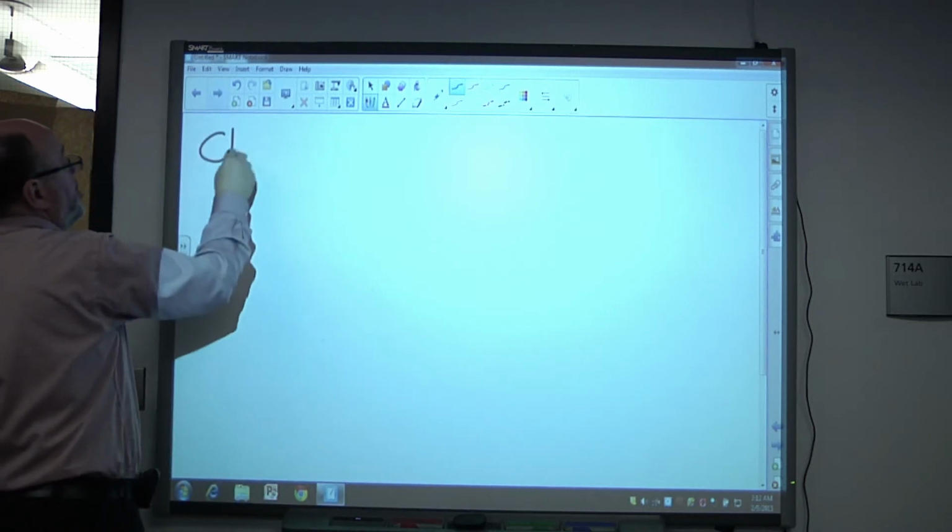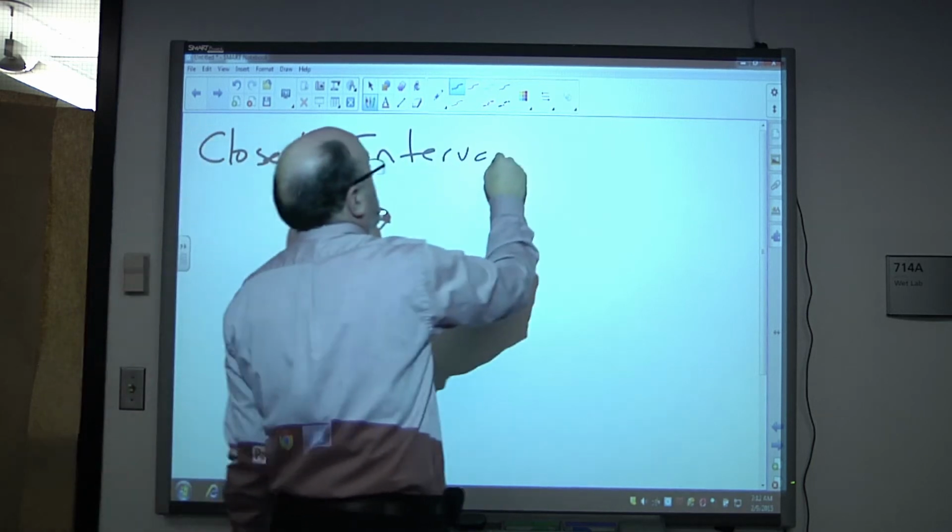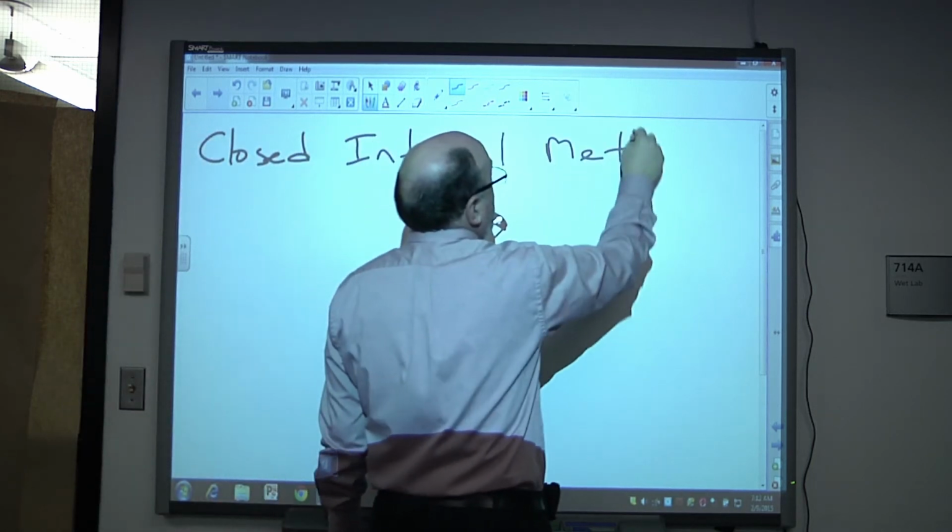So for what is called the closed interval method, we have the following.